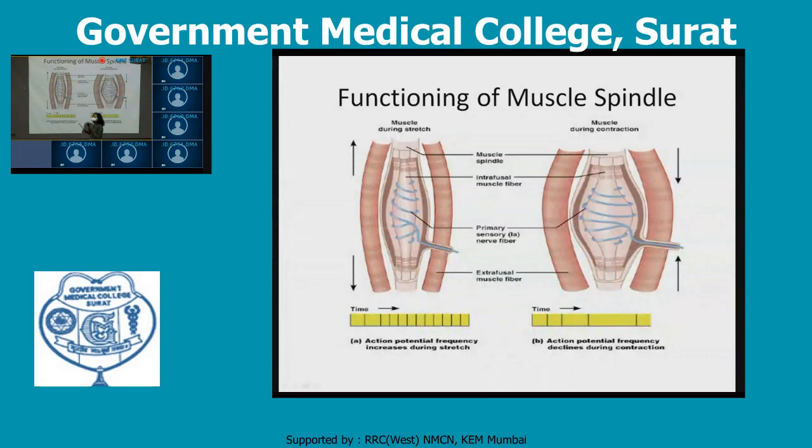There is one term, that is alpha-gamma linkage, and alpha-gamma co-activation. Whenever the alpha motor neurons are activated, about 31% of the output of the descending tracts goes to the gamma efferents, and the rest goes to the alpha motor neurons.